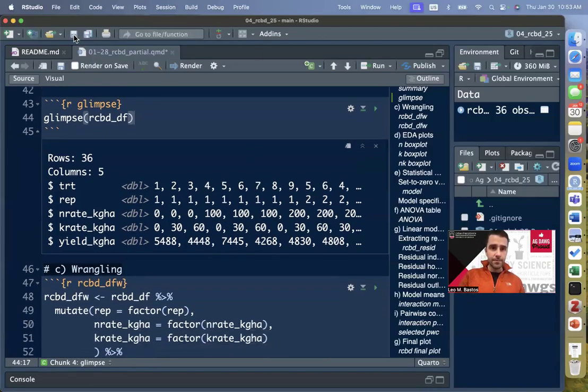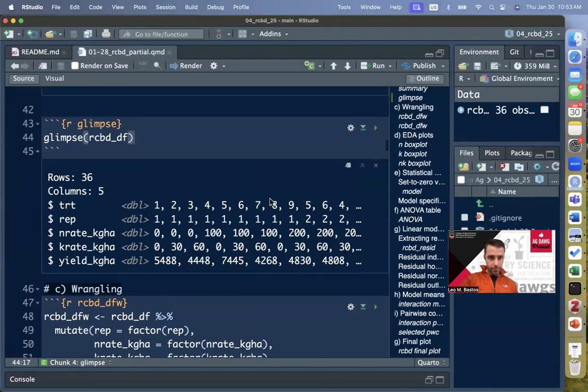Yes, Swabert. I think for my glimpse, I'm seeing them as integers instead of variable. Which column are you seeing as an integer? All of them. Yes. I'm not sure why the difference, maybe there is a version of some other package or RStudio that is not matching between my computer and yours.